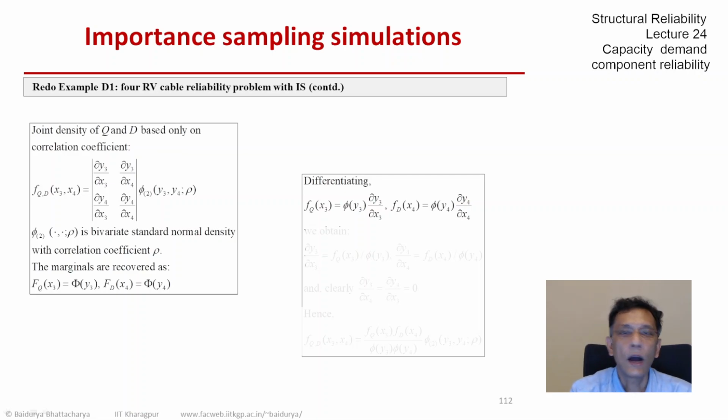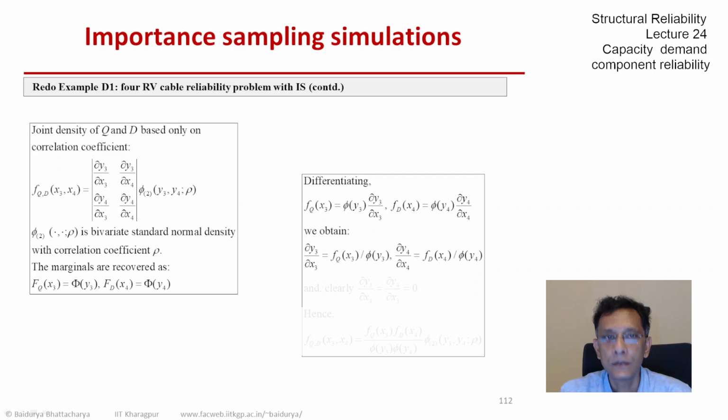Now, how do we get the density of Q and the density of D in terms of the marginal densities of y3 and y4, which are standard normal? We can use the chain rule of differentiation, and partial y3 with respect to x3 is the ratio of the two densities, likewise for y4 and x4.